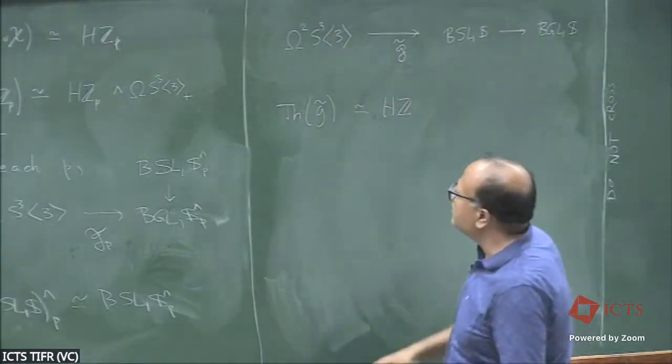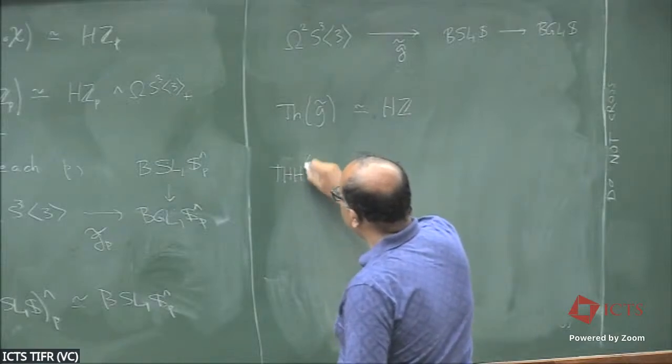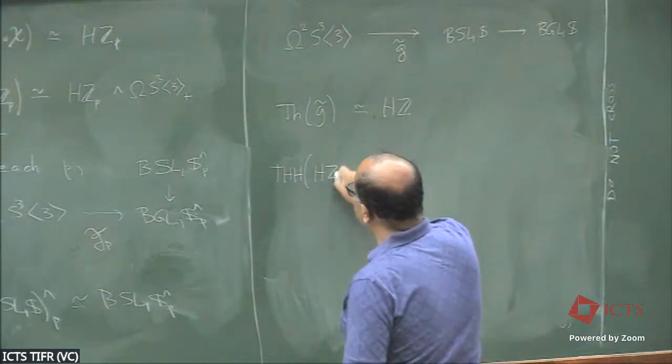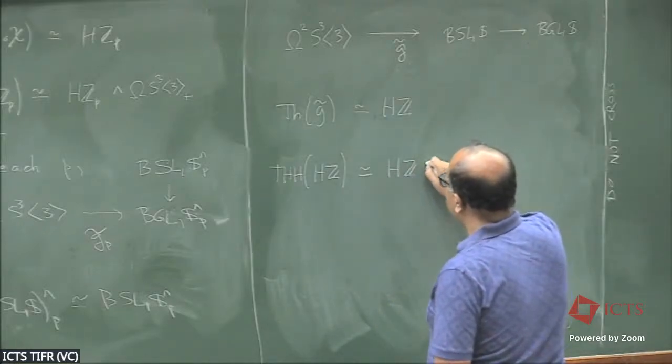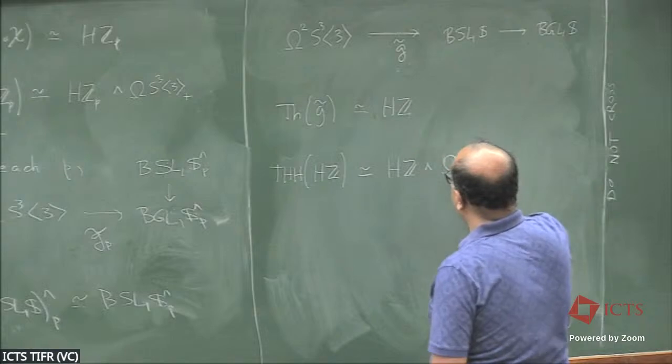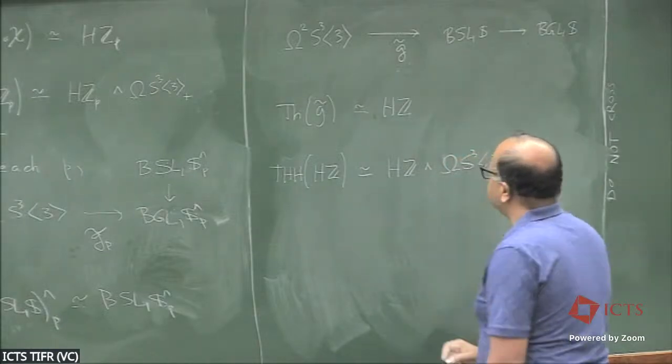And then the arguments we have there tell you that THH of HZ is equivalent to HZ smash omega S3<3> plus.